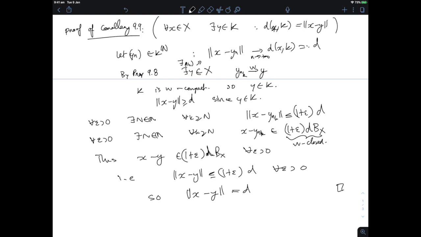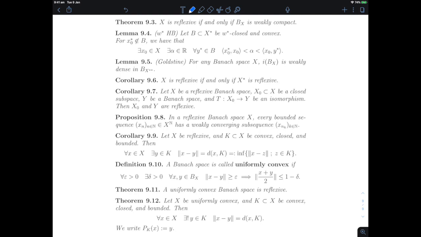So now we're going to study a subclass of the reflexive Banach spaces called the uniformly convex Banach spaces, and we'll see how a strengthening of the reflexivity condition guarantees the uniqueness of the y in this corollary. So what is a uniformly convex Banach space? It's a Banach space whose unit ball is very nicely and uniformly convex in the following sense.